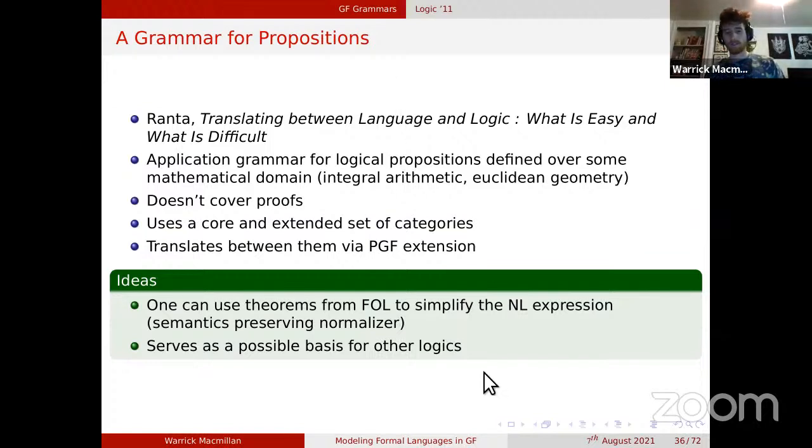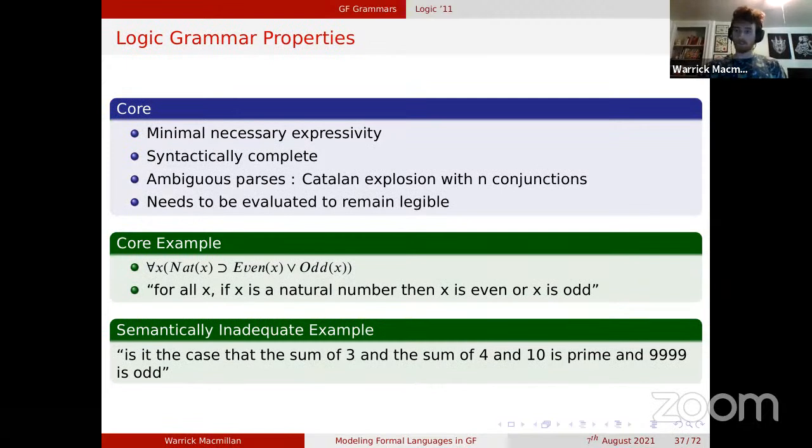One idea that I had when I was working through this grammar and modifying it for my needs was that you can simplify expressions in natural language based off theorems in first order logic. And this grammar also serves as a basis for other logics and other programming languages based off these logics. So I'm going to keep talking through this one grammar and then maybe we can take a 5-minute break. Or maybe not a 5-minute break, but like a 2-minute break.